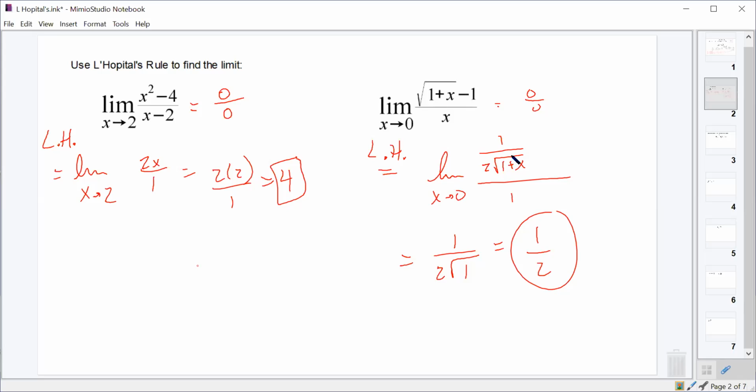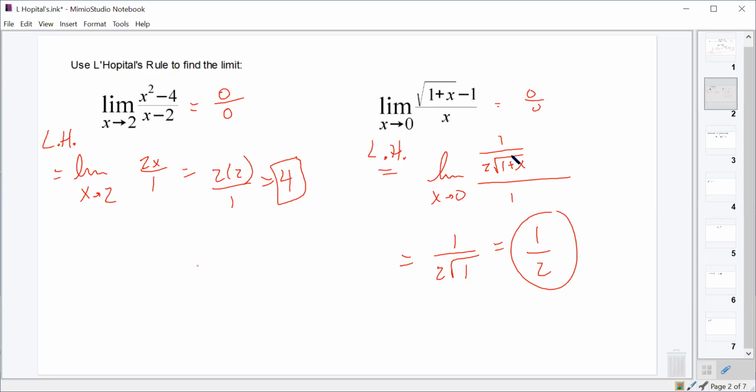Okay. So what do you think would happen if, when I do my L'Hopital's rule and plug in 0 here, it came out to be 0 over 0 again? Could you find the second derivative? Yep, we could just do it again, right? Take the derivative of the top and the derivative of the bottom again and plug it in.